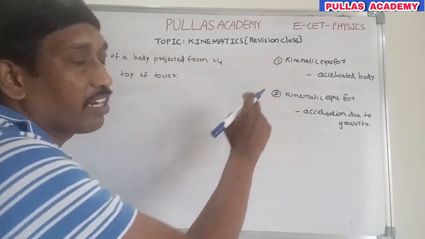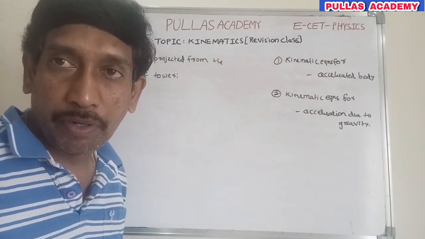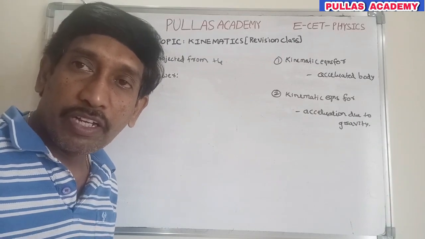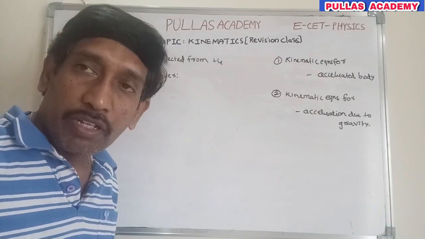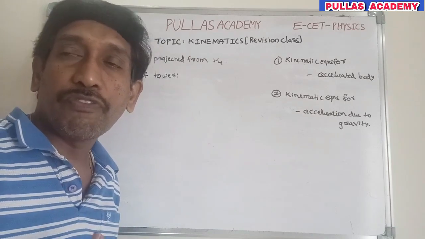This is the first concept. The second concept is about the freely falling body and the upwards projected body. What are the kinematic equations for a freely falling body and an upwards projected body?